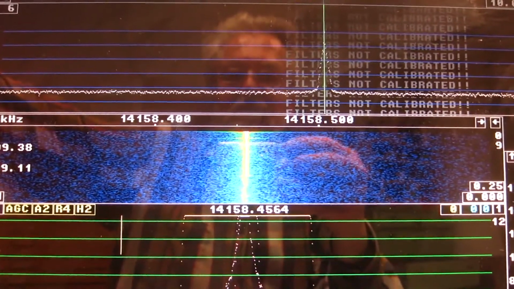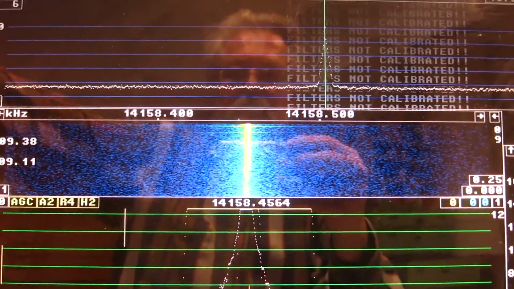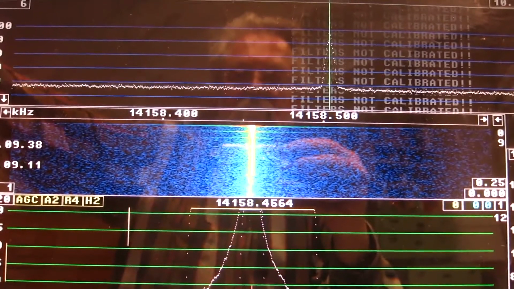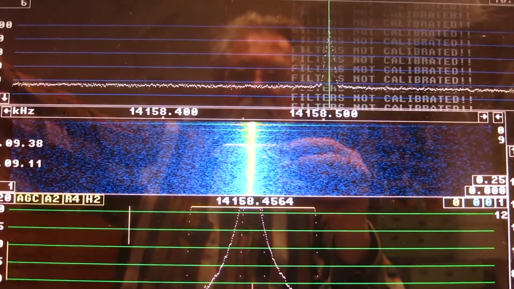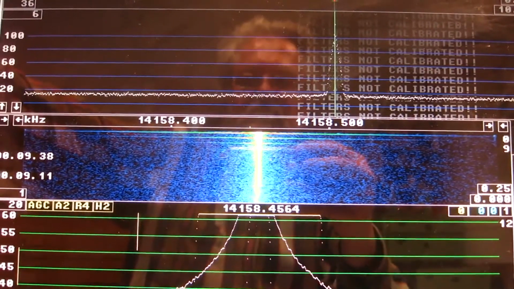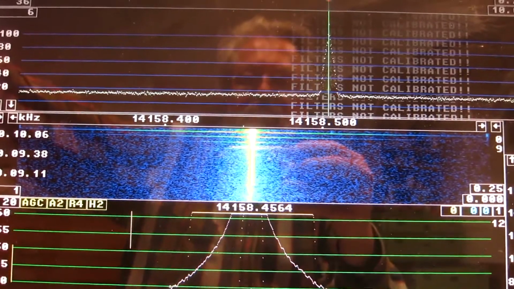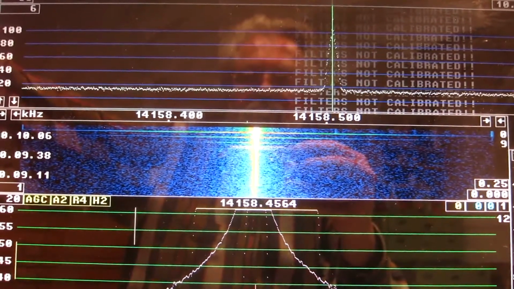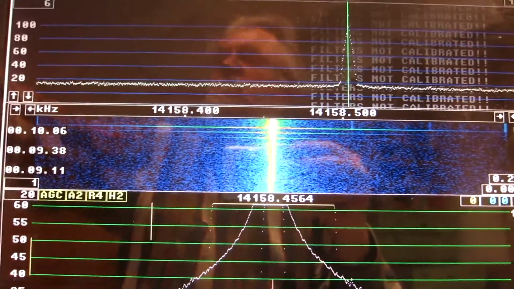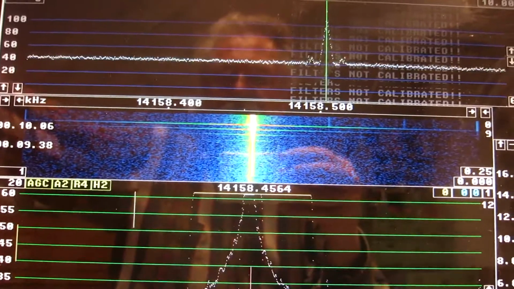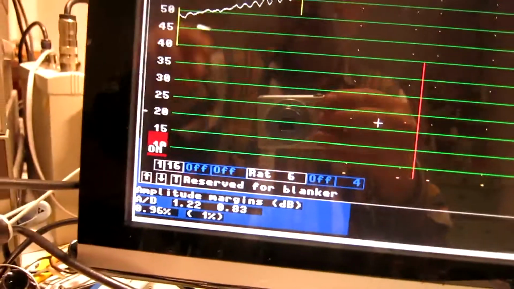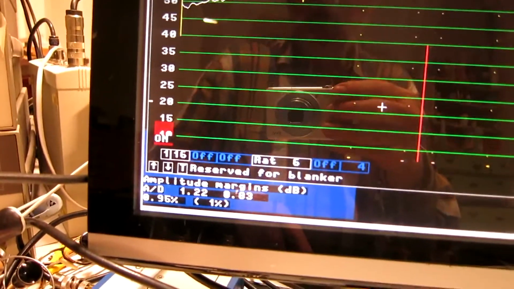20. 30. 40. 50. And now it's close to saturation, so I cannot go further.